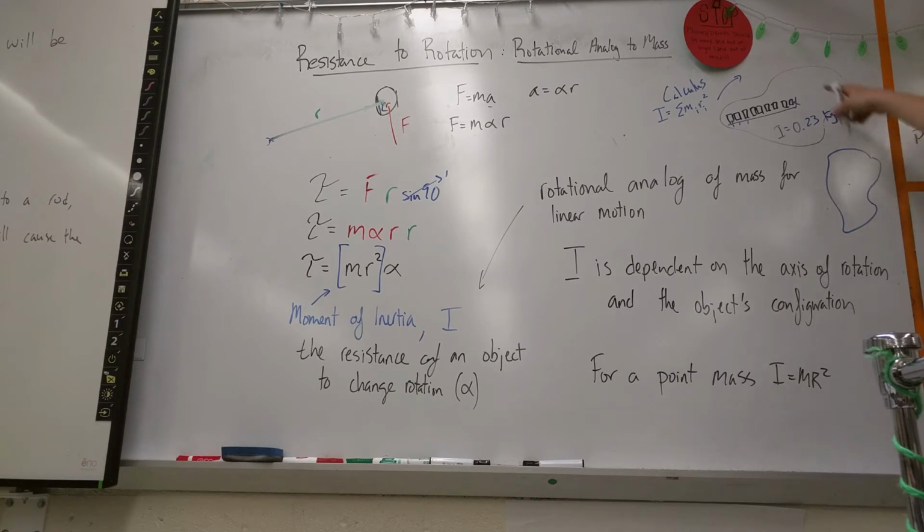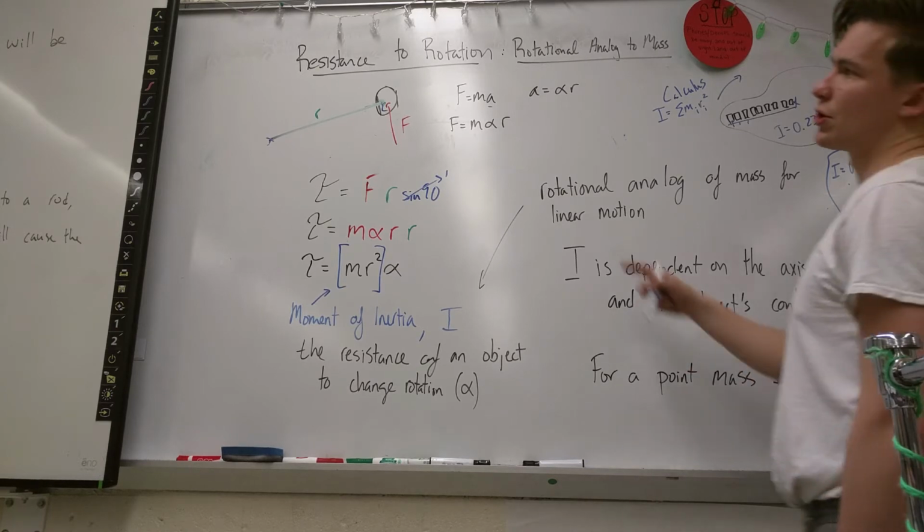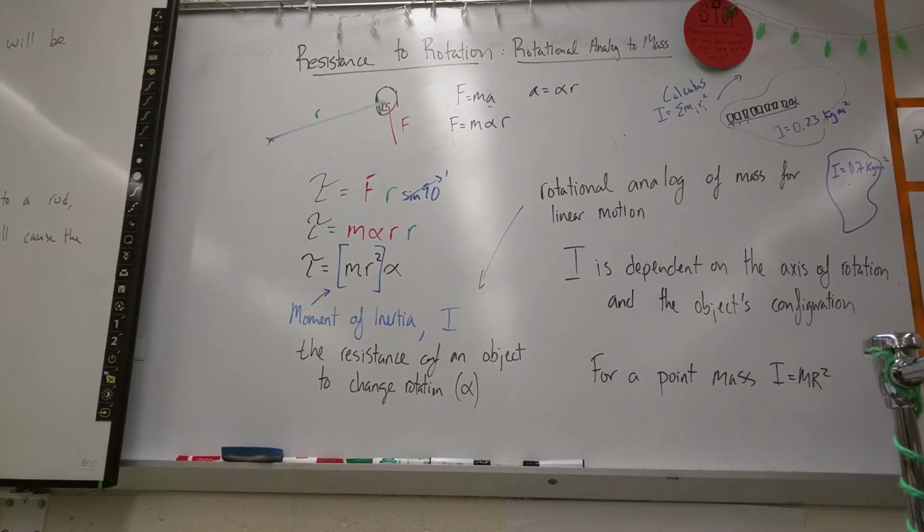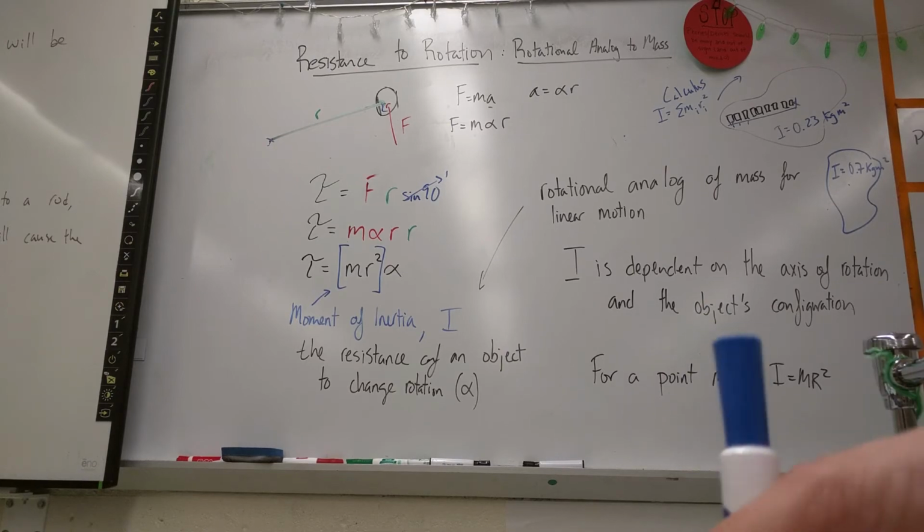Even if these two have the same masses, they have a different configuration, which causes a different I. So maybe this I is 0.7 kilogram meter squared. If we're just talking about a point mass, which we could assume this to be in our problem, then the moment of inertia is mr squared. Journey with me over here to the other board.